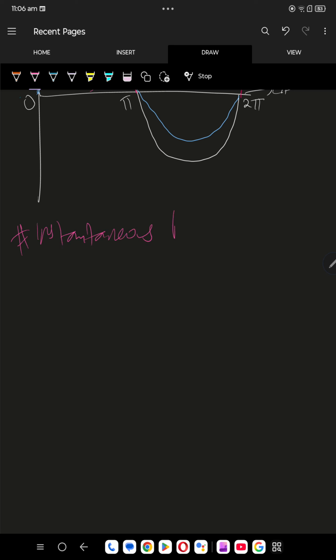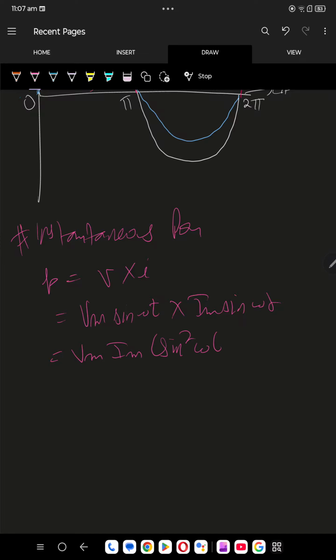Instantaneous power. We know that power equals V into I. V we found as Vm sine omega t, and I we know as Im sine omega t. So Vm Im sine square omega t.